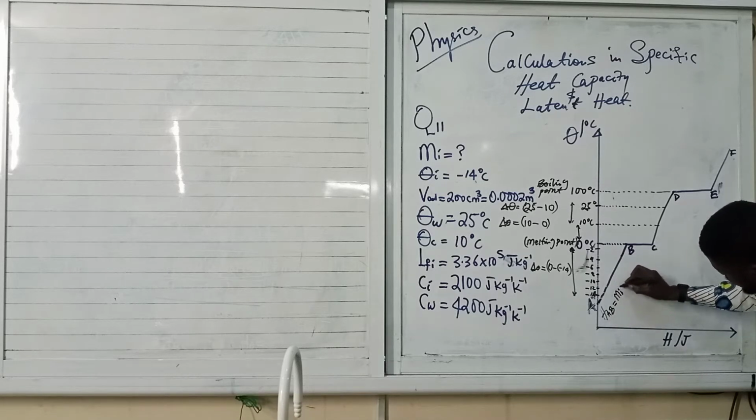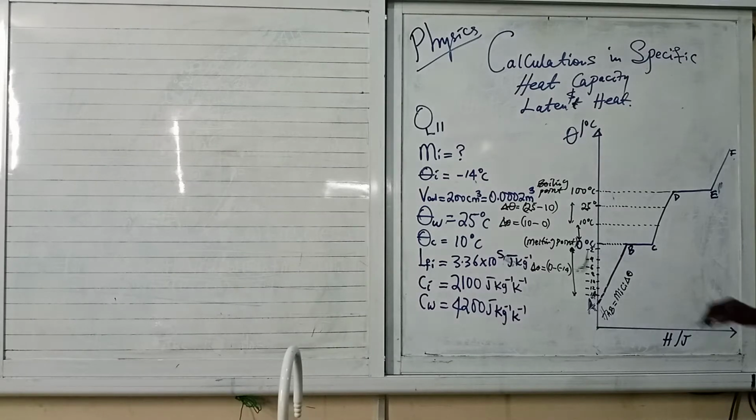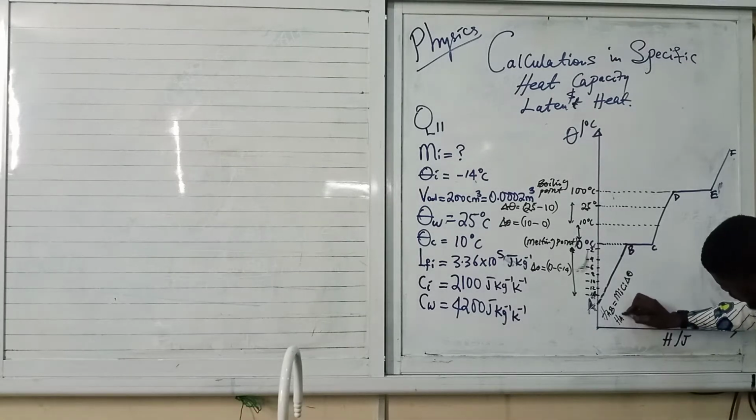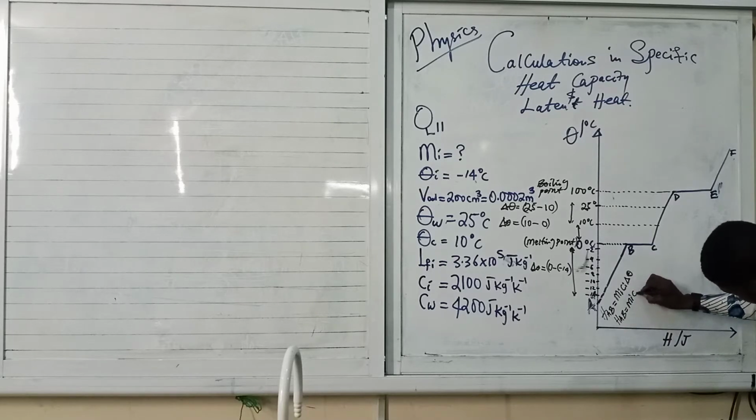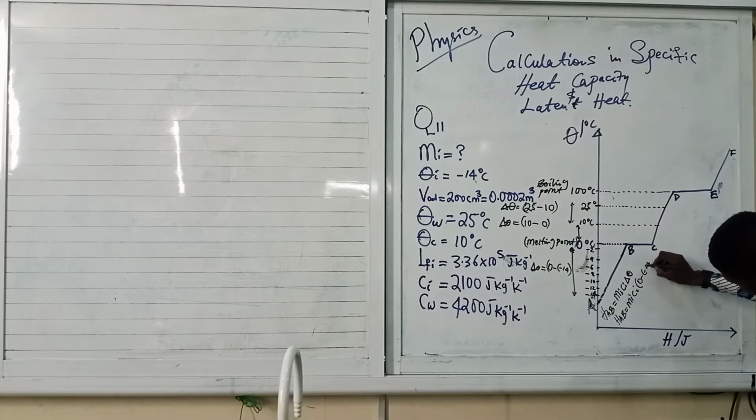Mass of the ice times specific heat capacity of the ice times change in temperature. In this case, HAB is equal to mass of the ice, C of the ice, into 0 minus -14.